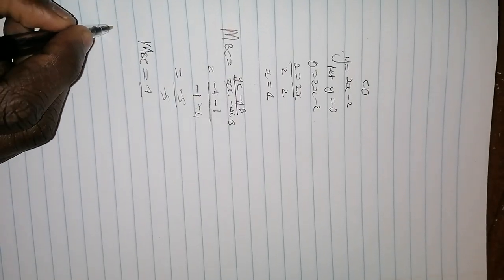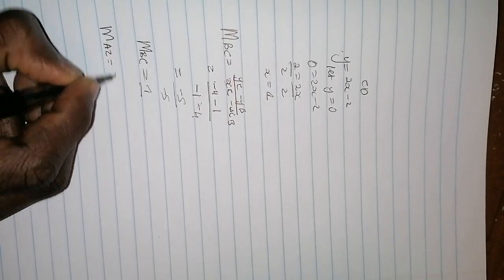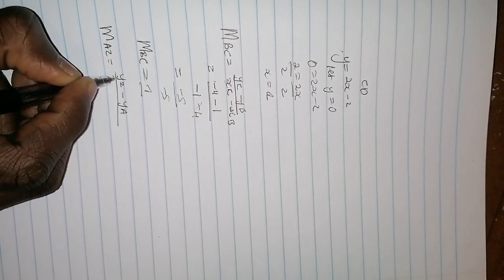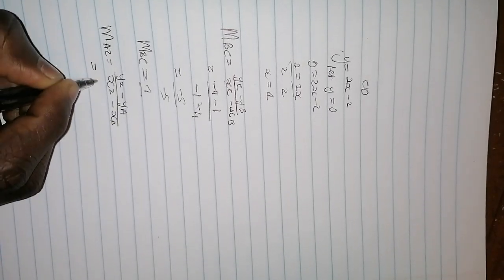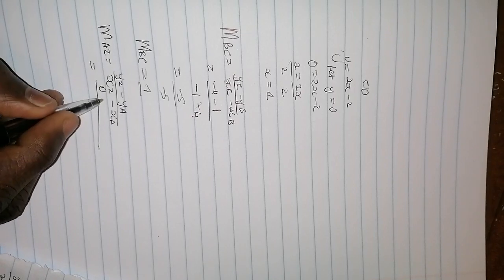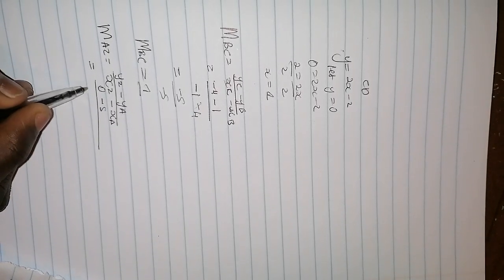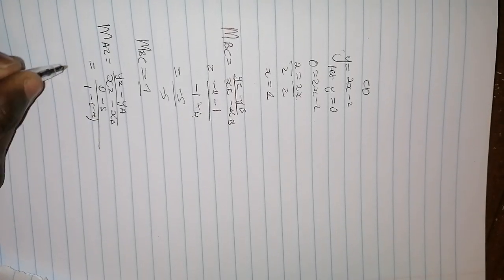Now let's check the gradient for AZ. It is (yZ minus yA) over (xZ minus xA). yZ is 0 minus yA which is 5, over xZ which is 1 minus 4.